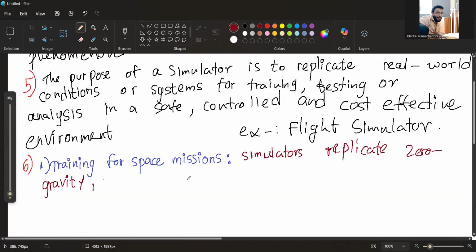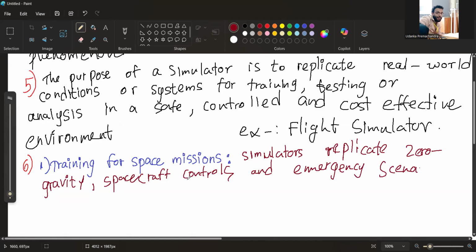Without gravity, spacecraft control, and emergency scenarios, to prepare astronauts for missions.